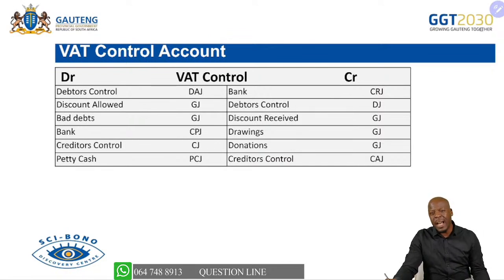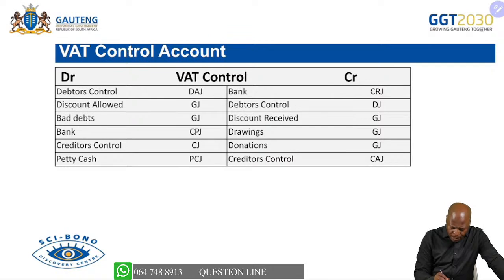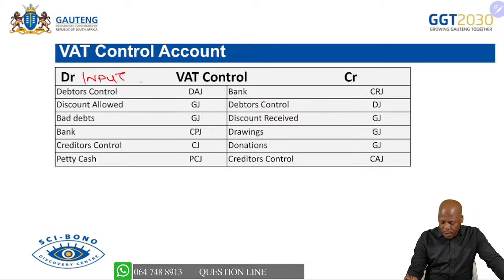With a VAT control account, it becomes easy for you to determine the amount payable or receivable from SARS. Here's my VAT control account. Remember, on the debit side, I have my input, and on the credit side, I have my output.